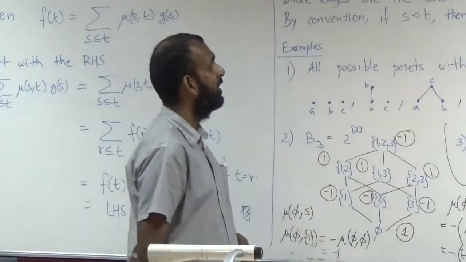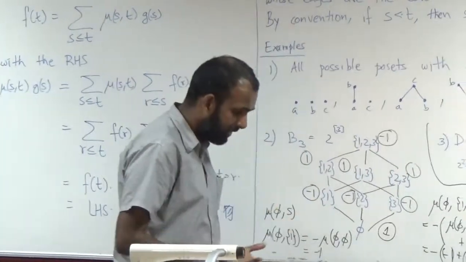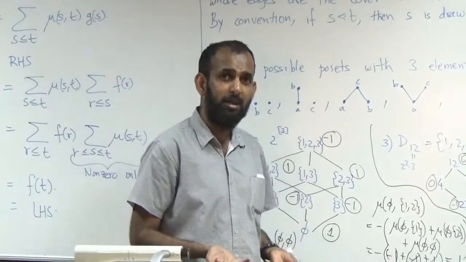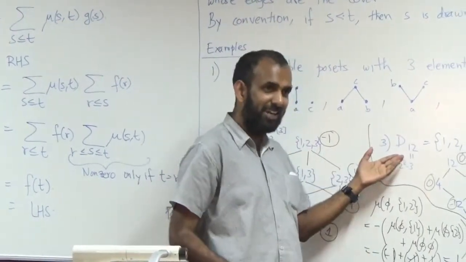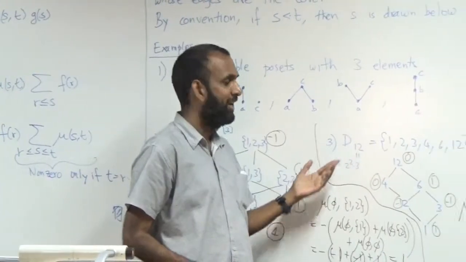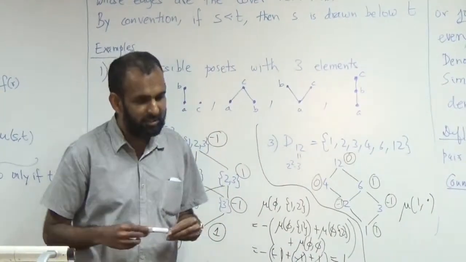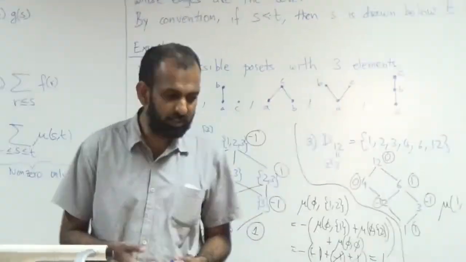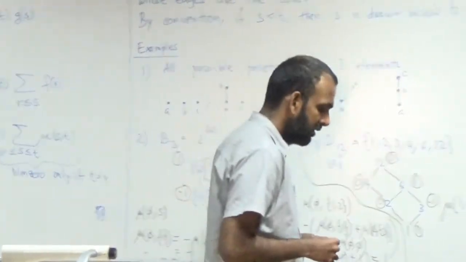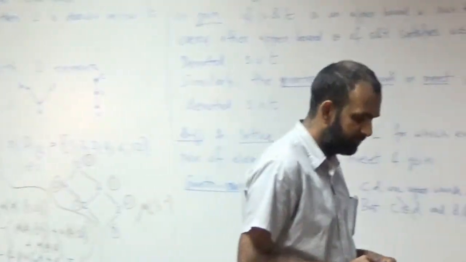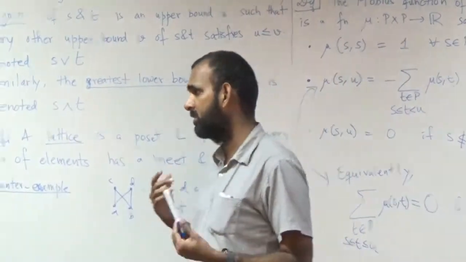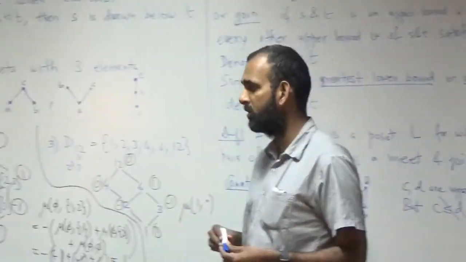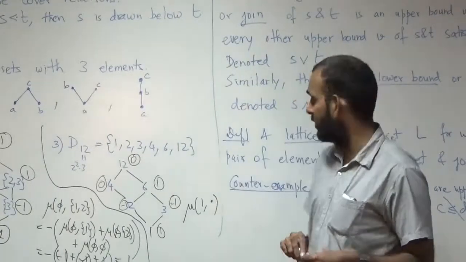For the number theoretic example, the POSET is exactly D_n, and there the Mobius function, remember, was 1 for square free numbers with an even number of prime factors, minus 1 for square free numbers with an odd number of prime factors, and 0 otherwise.